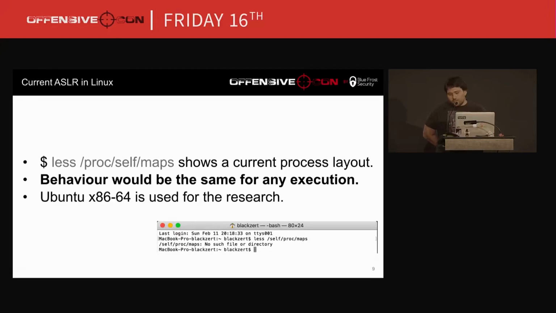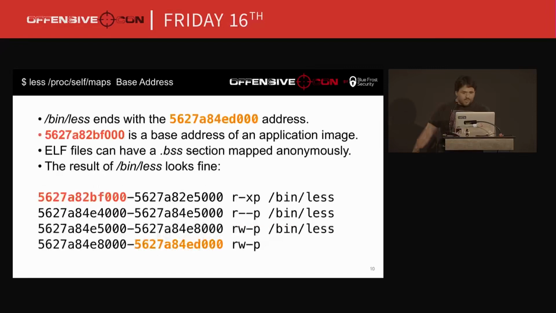And what we will see is that the behavior would be the same for any other process. We will focus on x86 64-bit because it's modern and so on. First of all, you will see the binary image of, in our case, ls, but it could be anything else, and it looks fine, honestly.